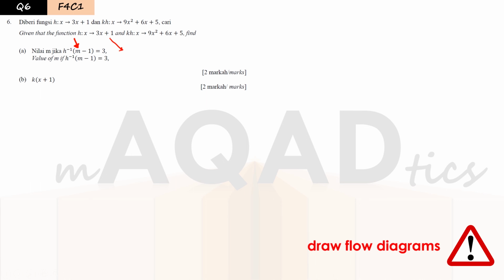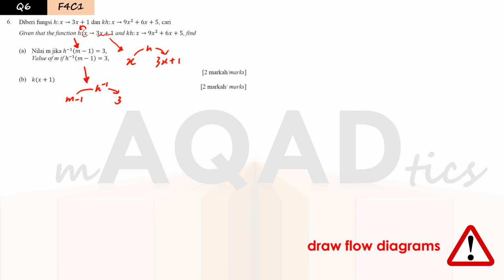For this one, if we have x and put it into h, it will have this result, 3x plus 1. For this one, if m minus 1 is put into the inverse of h, then it would be 3.